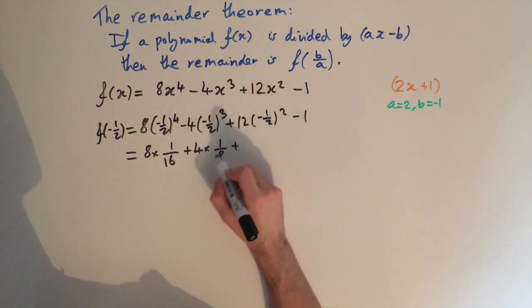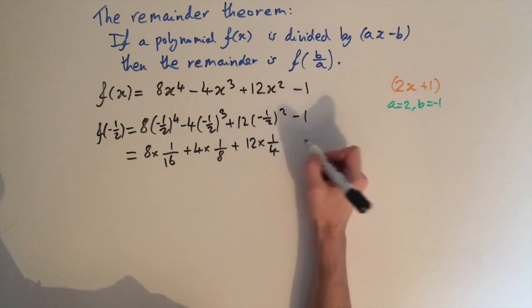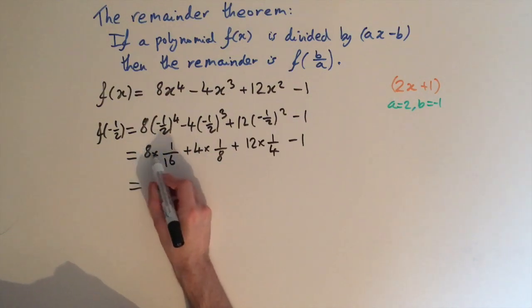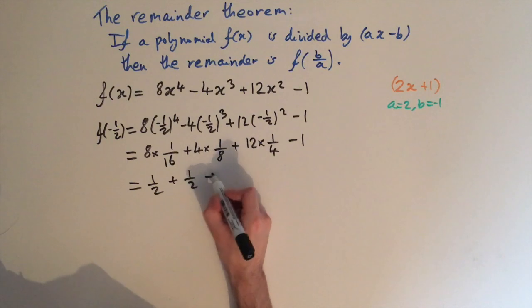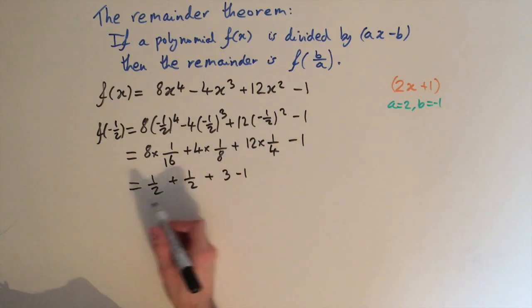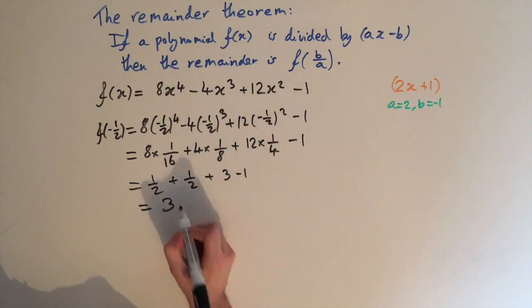This is fairly simple algebra, so we have 12 times a quarter, we have minus 1 here. So let's just simplify everything. We have 8 over 16, that's a half, 4 over 8, that's also a half. This 12 over 4 is 3, and we have a minus 1. So this turns to 1, this is a minus 1, so we're left with 3.